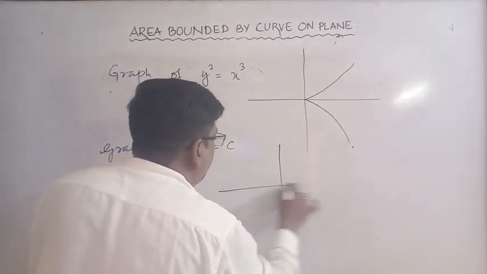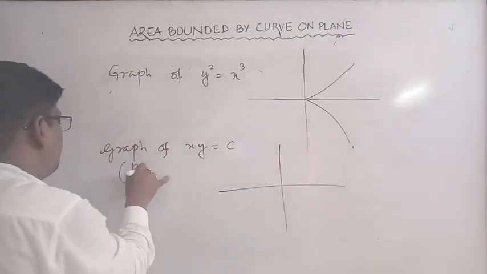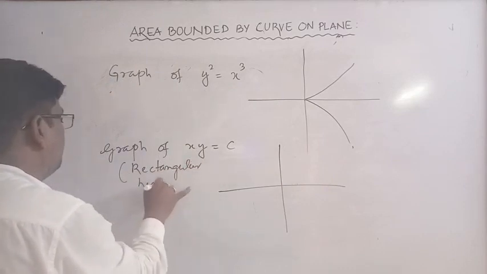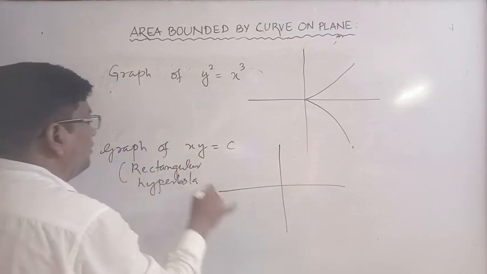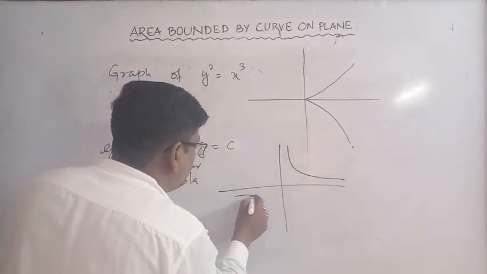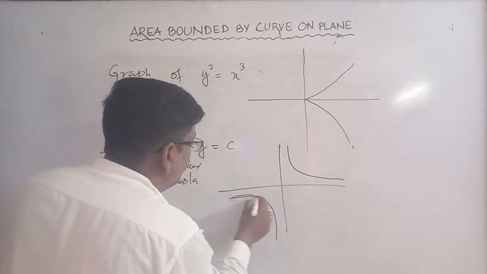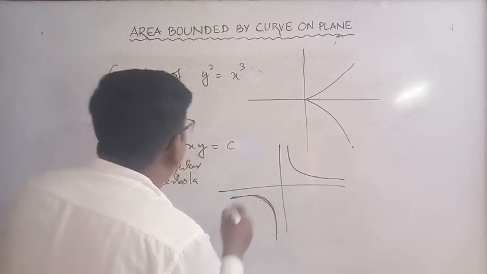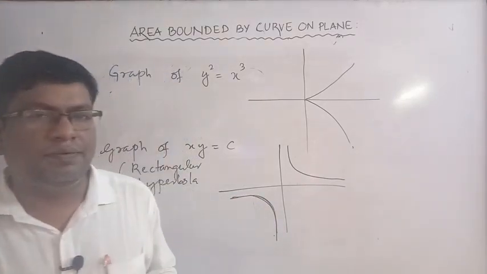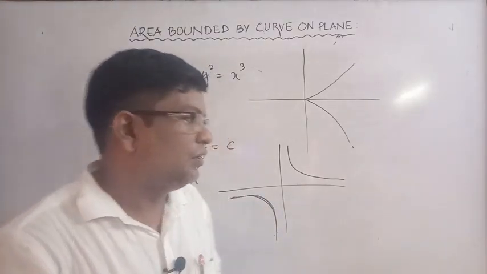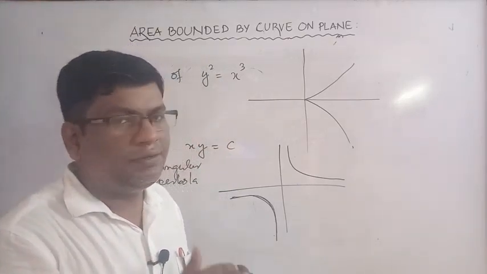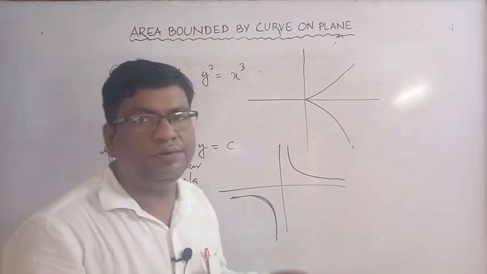This is a rectangular hyperbola, and the graph is like this. These are some standard graphs. Now let us discuss area bounded by the plane curve: type 1, type 2, type 3, type 4.